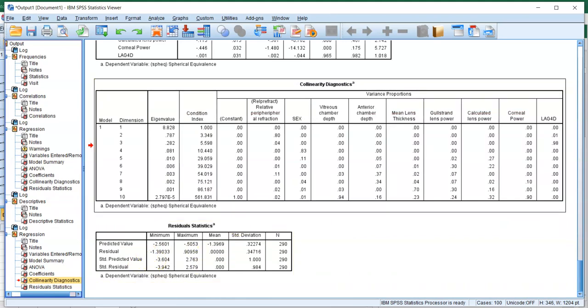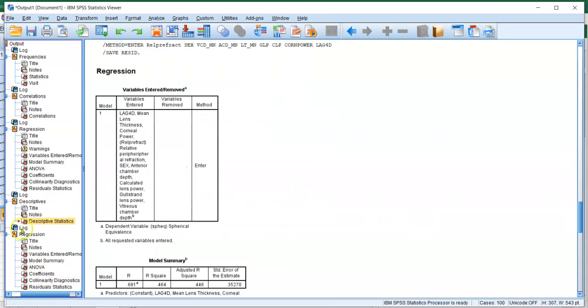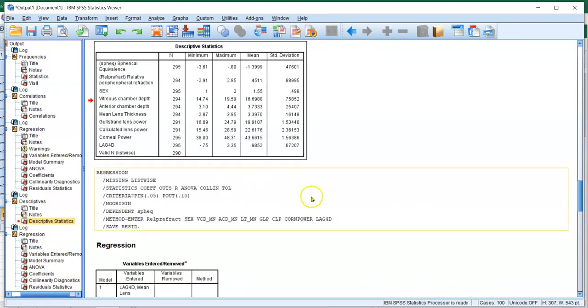All right, use descriptive statistics to calculate the variance of the residuals and the variance of spherical equivalents. So what are they? I guess I didn't do this yet.